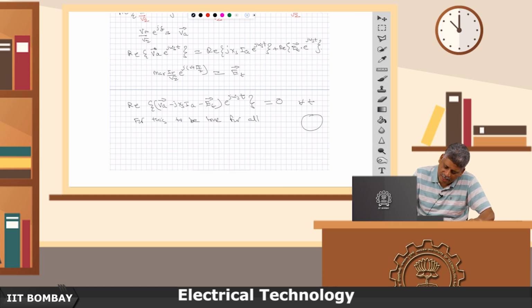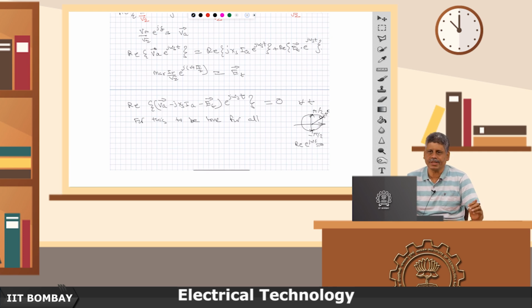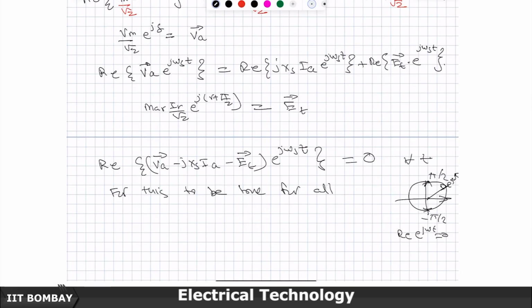Because, see, if I talk of e to the power j omega t and I say the real part of e to the power j omega t is equal to 0, then that is possible at this point and also at this point, pi by 2 and minus pi by 2. The real part of the e to the power j omega t operator will become 0 exactly at 2 angles, at T by 2, where capital T is the time period, and at 3T by 4, at these two times.